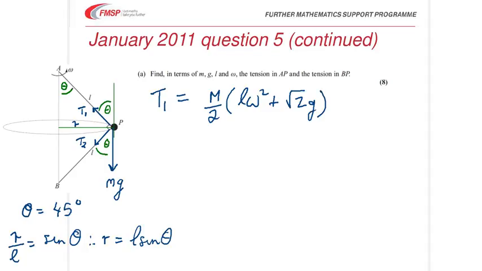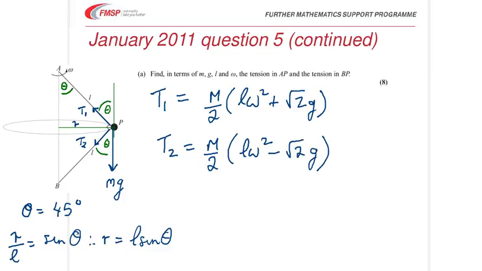And going back and using that expression for T1 in the equations on the other page, it's fairly straightforward to show T2 is m over 2 into L omega squared minus root 2 g. Okay, so you can just check that you can get those expressions. T1 is the tension in AP, T2 is the tension in BP.